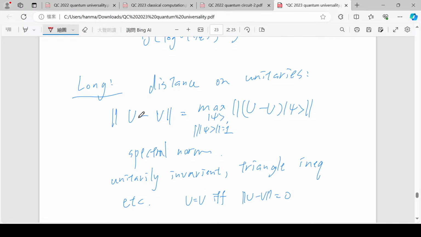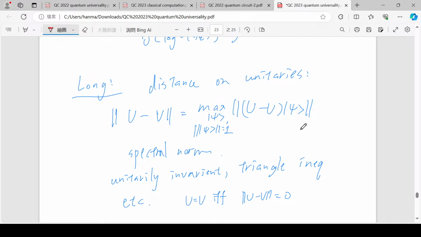But for a matrix, there are a lot of ways to define its norm. Like you can put a norm on every element, or you can put a norm on its eigenvalues, etc. But anyway, here is the norm we pick. We pick the spectral norm. So we say the norm on this difference is basically the maximum eigenvalue.